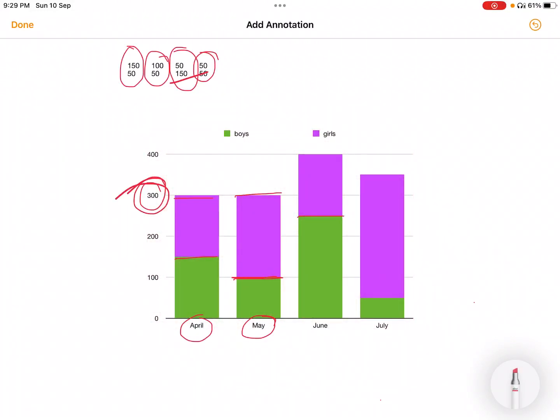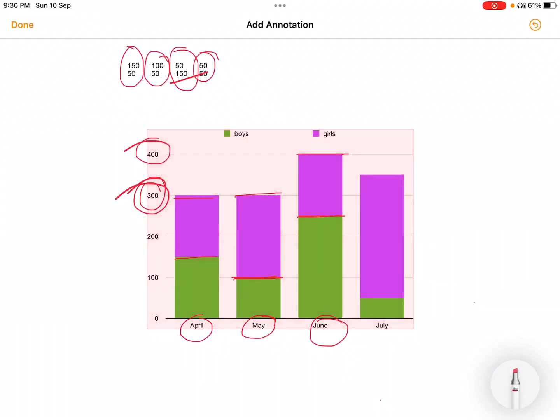सेकंड वन, 250 boys, they attended the session in a June month. Similarly, less girls means around 150 girls. So 150 plus 250 कितना हो जाएगा, 300, 400.